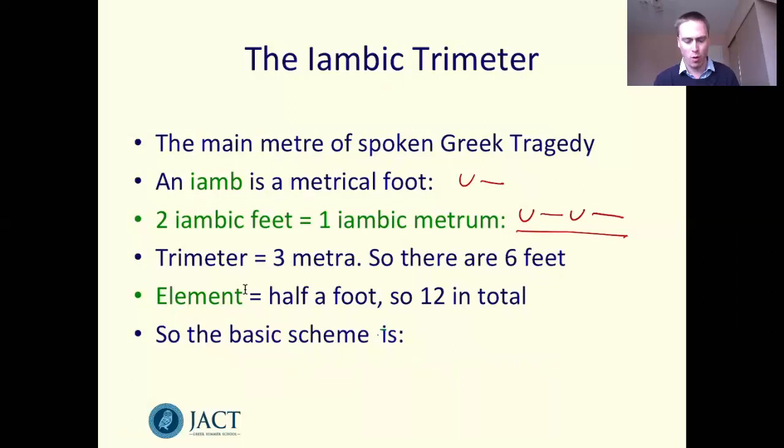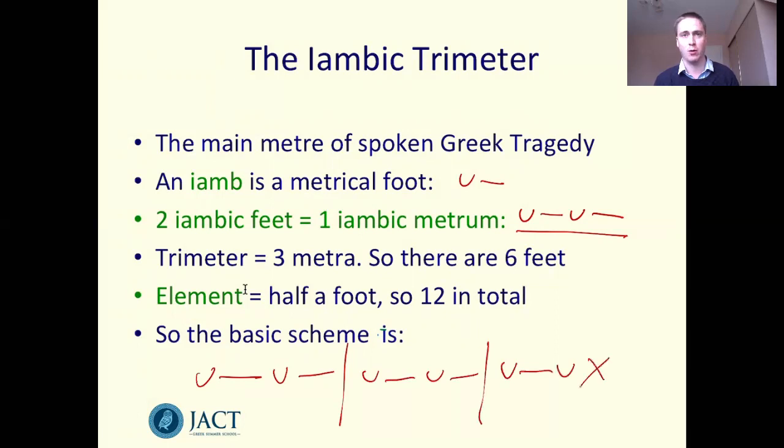So I'm just going to draw the basic scheme of the iambic trimeter. Short, long, and then I'm dividing up the 3 metra. Short, long, short, long, short, long, short, and the final syllable is anceps. However, it's a little bit more interesting than this.